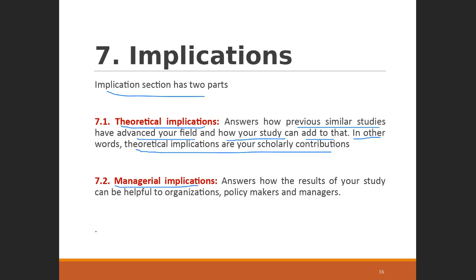So, if researchers have not applied the theory to the population or setting they studied, a theoretical implication would be that your study may serve as a basis for studying a particular theory or modifying a particular theory. So it is very important that you discuss this part in your theoretical implication. In short, the scholarly contributions your research makes towards the relevant existing body of knowledge is covered in the theoretical implications part.